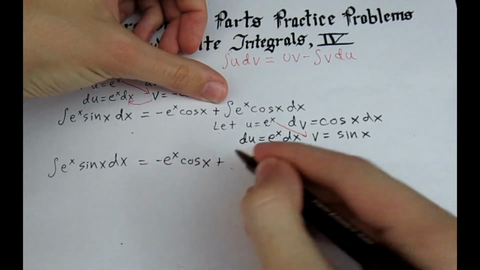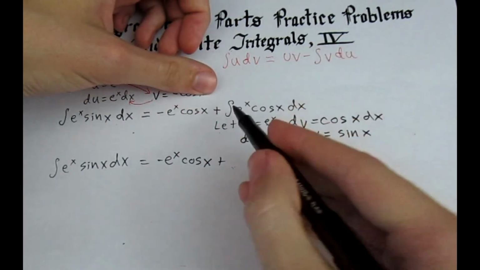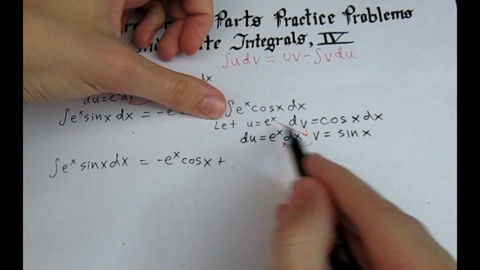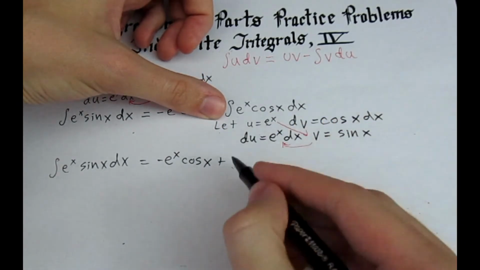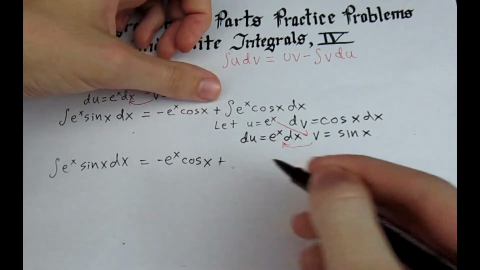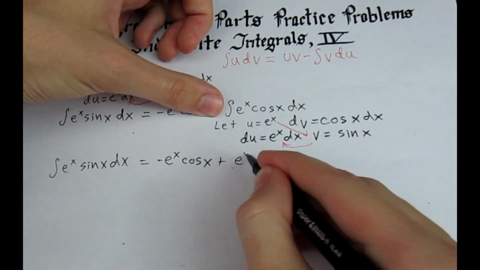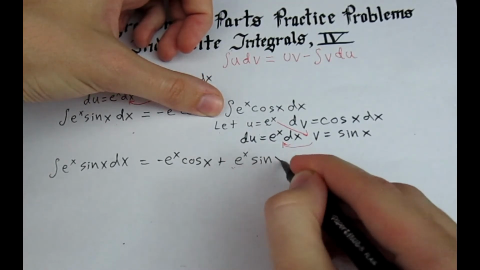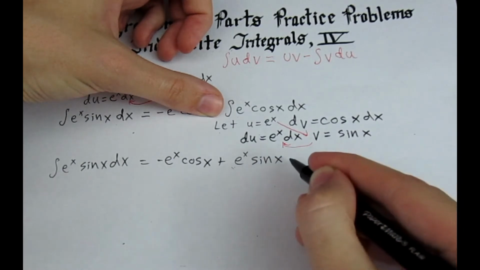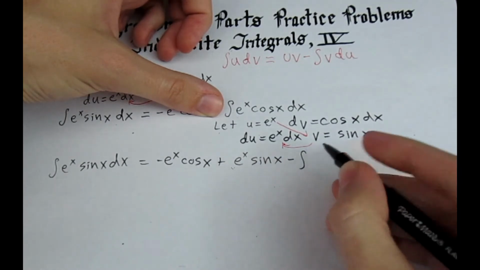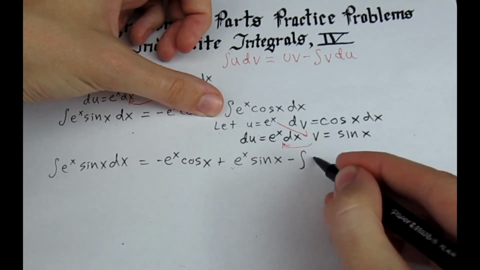So I'm going to add what this equals, and again this equals uv minus the integral of v du. So you could do parentheses if you want. I'll just go ahead and write it out. So that's u times v minus the integral of v du.